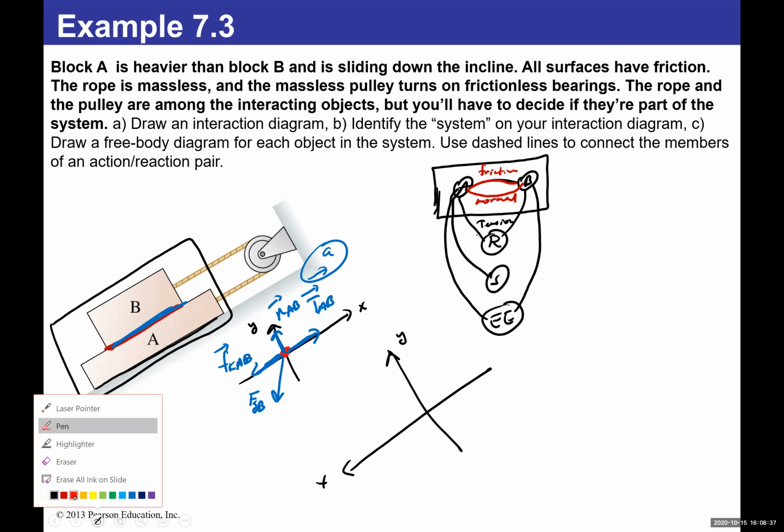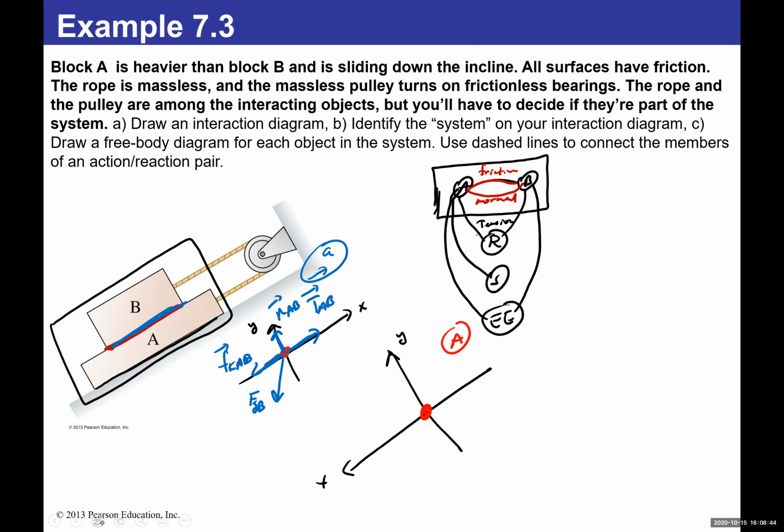So let's look at all the forces acting on A. So this is A basically, and this was B. All right, so let's see. Obviously there's gravity, Fg on A, and there is a normal force from the inclined surface, normal force of the surface on A.